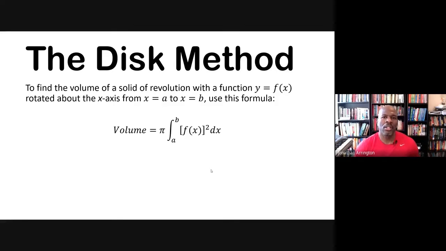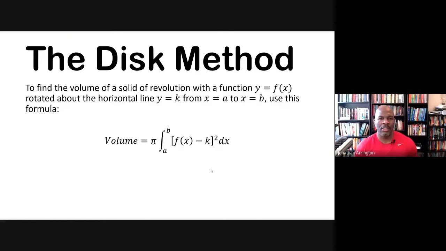And then we started rotating the function about other horizontal lines in addition to the x-axis, some line of the form y equals k, and then we got the following formula: pi times the integral from a to b of f of x minus k squared dx. And in our part 2 video, we explained how that particular progression happened.